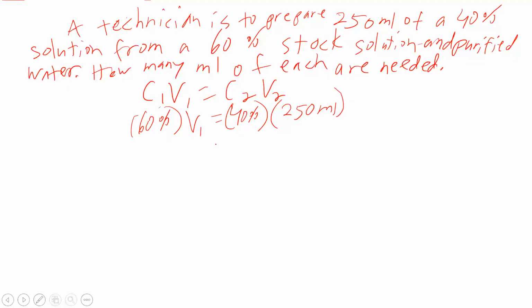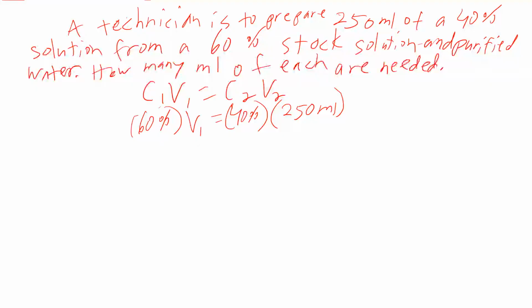So we have 60% and we don't know how much of that there is, so we're going to find out. And the final amount is 250 mils of 40%. We don't know how much of the 60% there is, so we're going to find out.